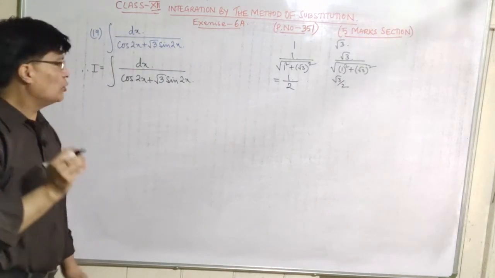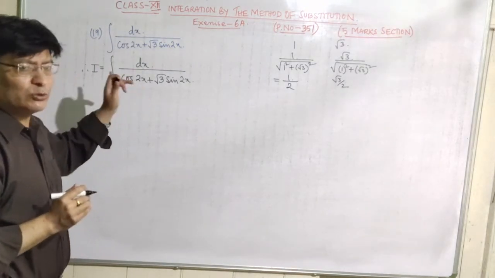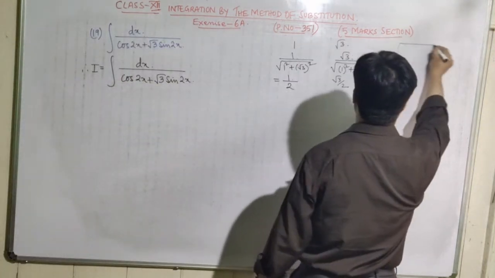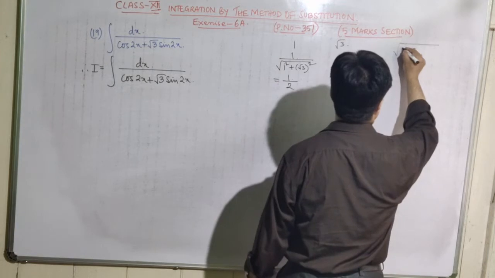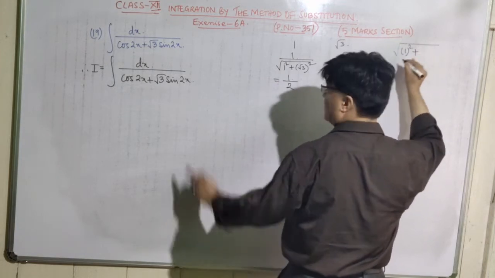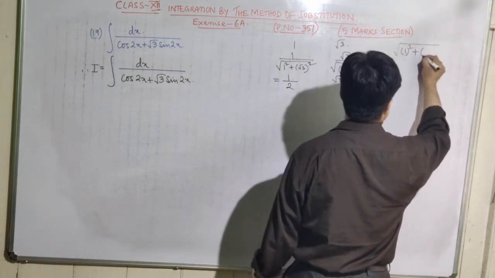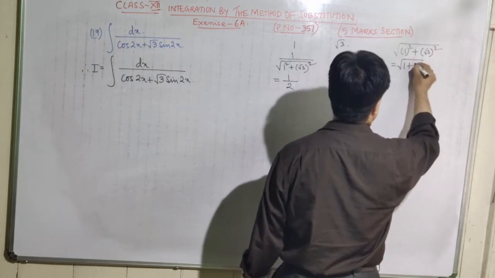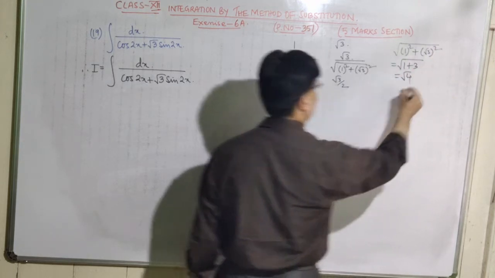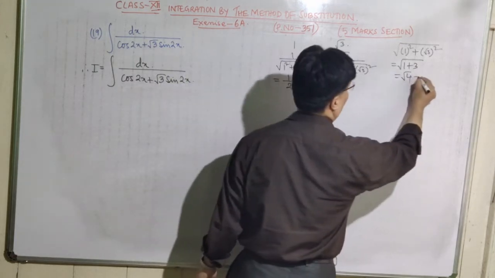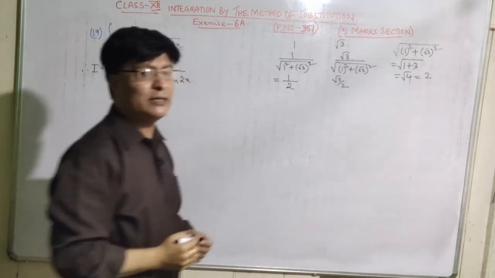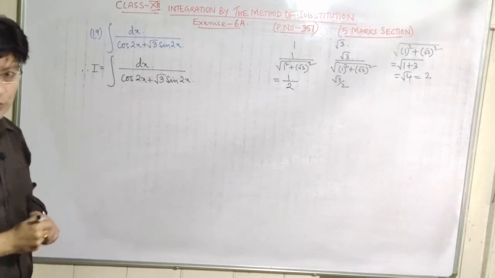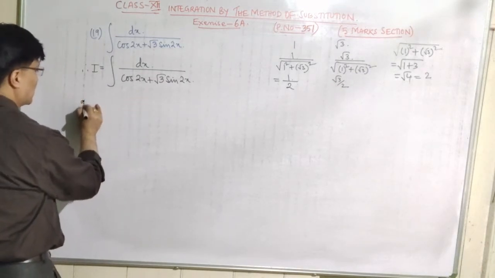So you should multiply and divide the denominator by root over 1 whole square plus root 3 whole square, which is root over 1 plus 3, root 4, equal to 2. That means you have to multiply and divide the denominator by 2. Is that clear?